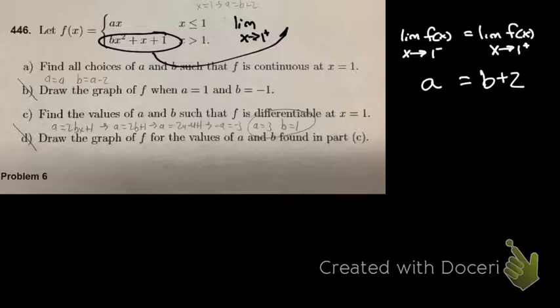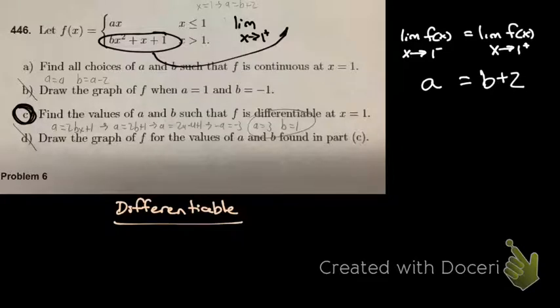All right, now here comes the actual question. Find all of the values A and B such that f is differentiable. What does it mean for f to be differentiable? What does it take in order to be differentiable?